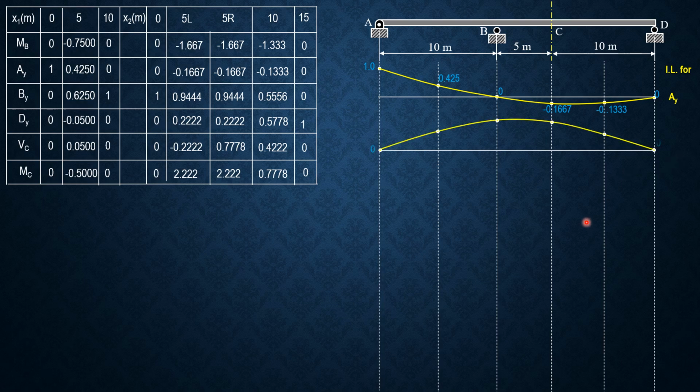So that's the influence line for BY. Next for DY, it begins with 0, negative 0.05, 0, 0.222, 0.5778, then 1. So that's the influence line for DY.